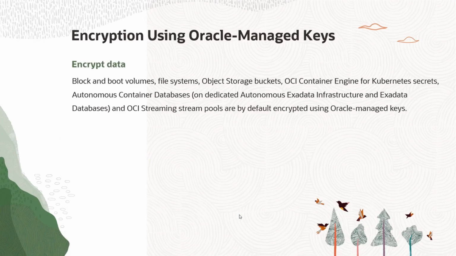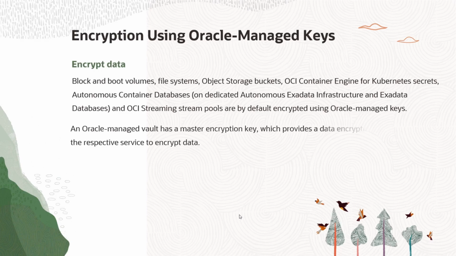When you're using Oracle managed keys, whether it's block volumes, your file systems, object storage buckets, your OKE container engine secrets, autonomous container database, or stream pools, they are all by default encrypted using Oracle managed keys. So in Oracle, the encryption for data at rest is on by default. You cannot turn it off, so that's important to keep in mind. If you don't choose anything, it's done by us.